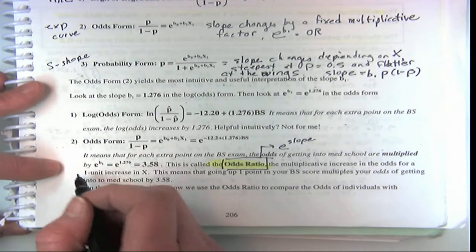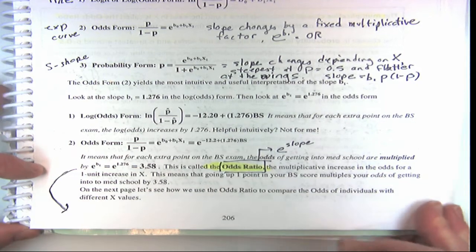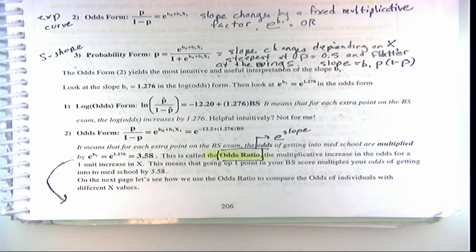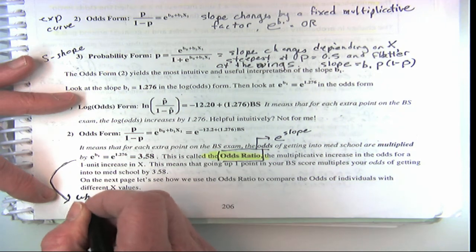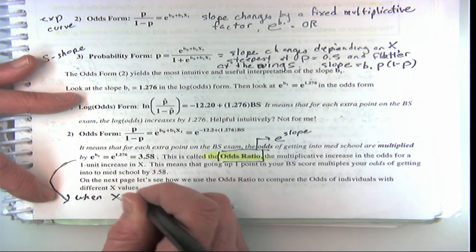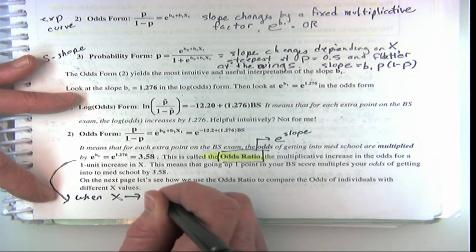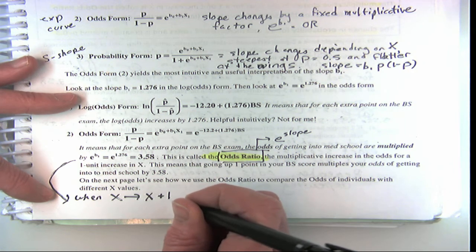Maybe I should write this out, because it comes up so often. What we're saying is, when x increases by 1, what happens to the odds?